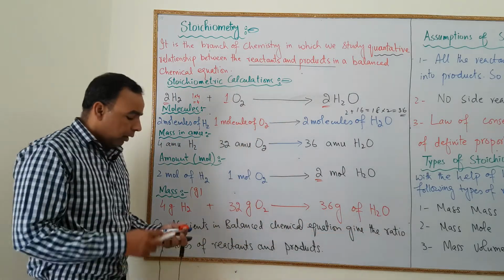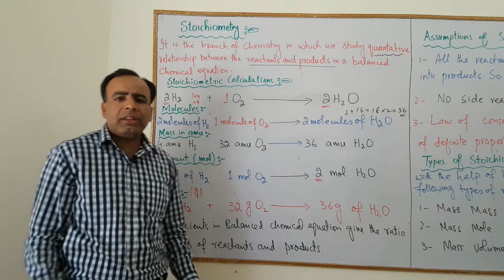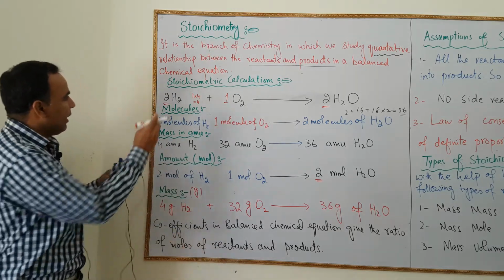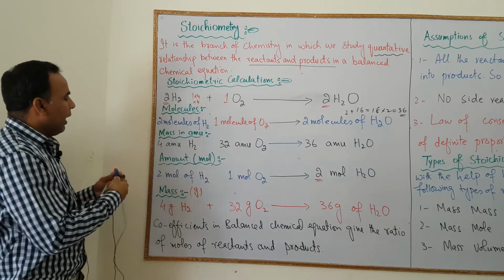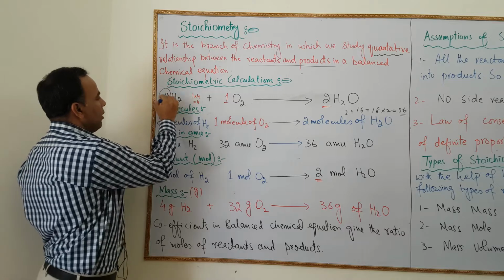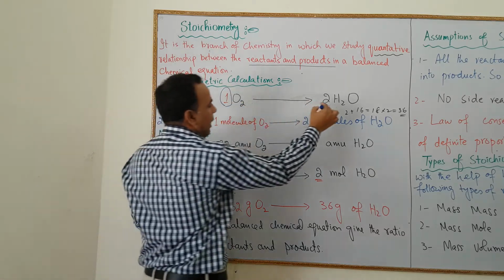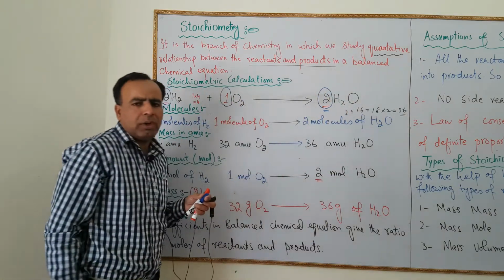Dear students, from these calculations one thing is clear, the coefficients. Which are the coefficients? This 2 is a coefficient, in the case of oxygen 1 is the coefficient, and in the case of water this 2 is also called a coefficient.